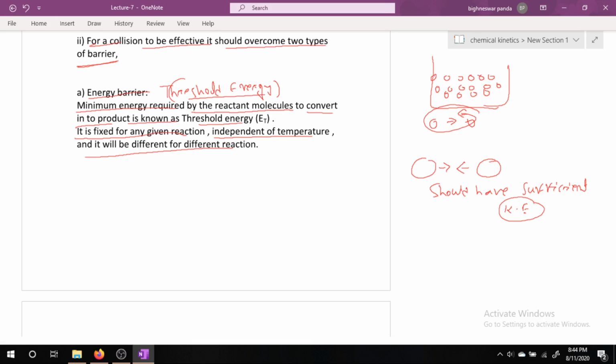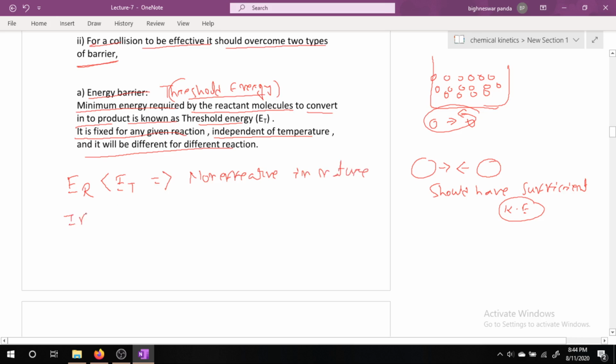So if the energy of the reactant is less than the threshold energy, then the collision is non-effective in nature.